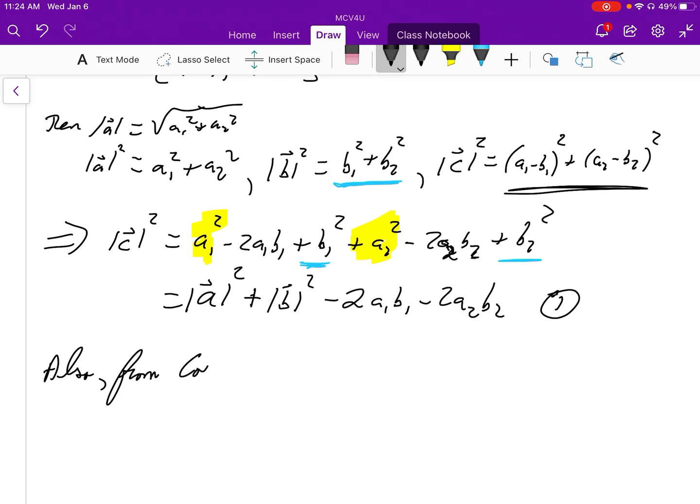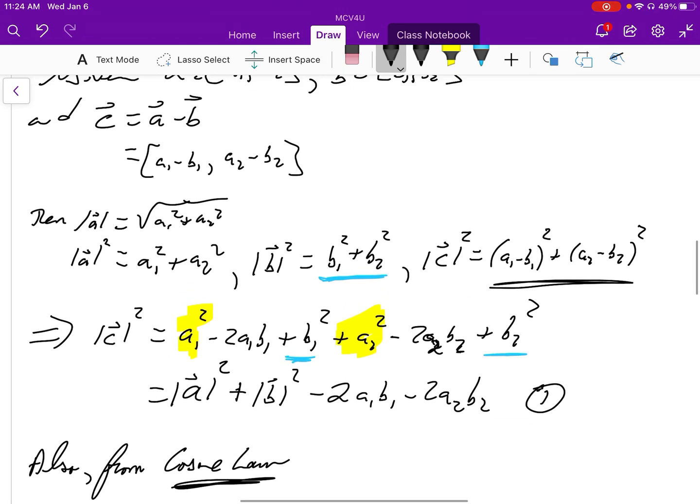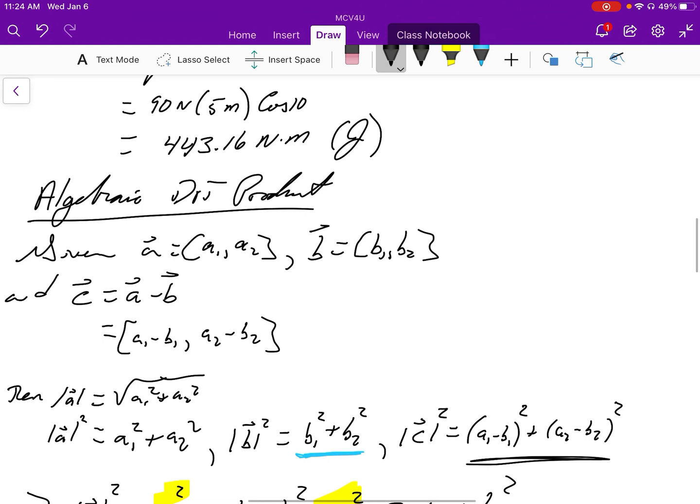from cosine law, and the reason why we're using the cosine law is if you take a look at what we designed up here, we've got our A and B, with the angle between them, and C is A minus B, and this is what is set up here, so our C is right there.